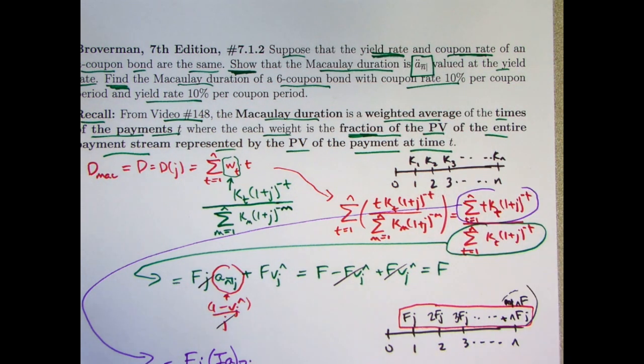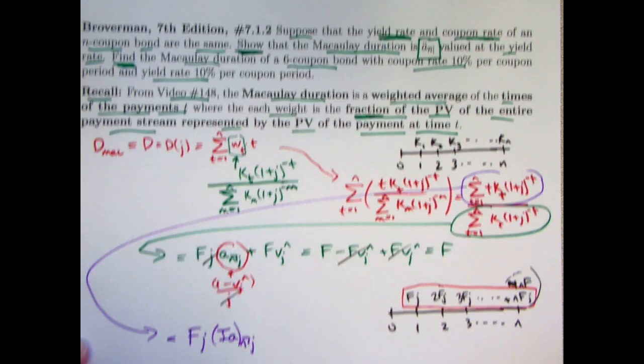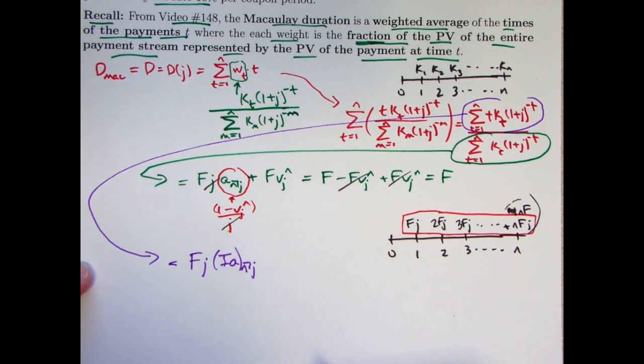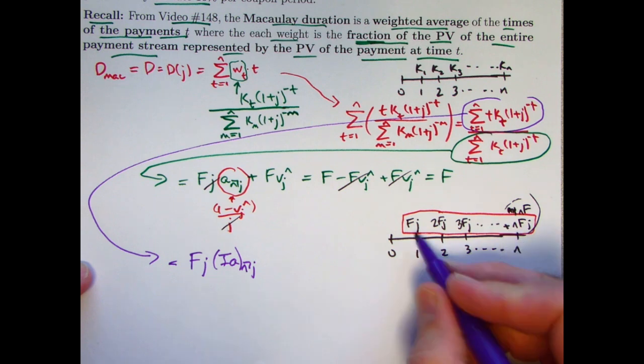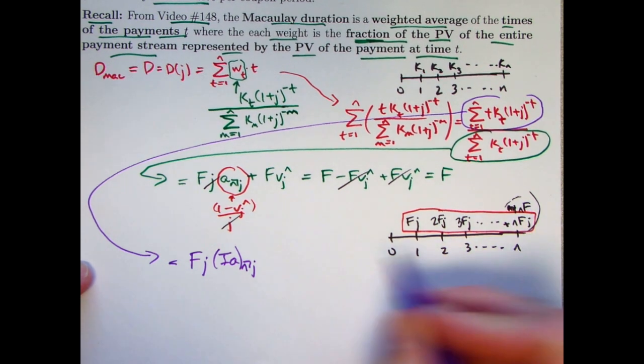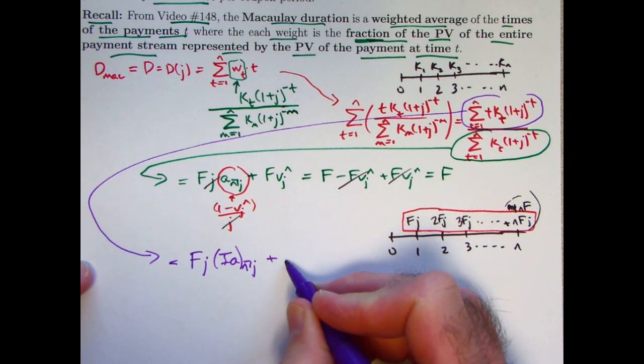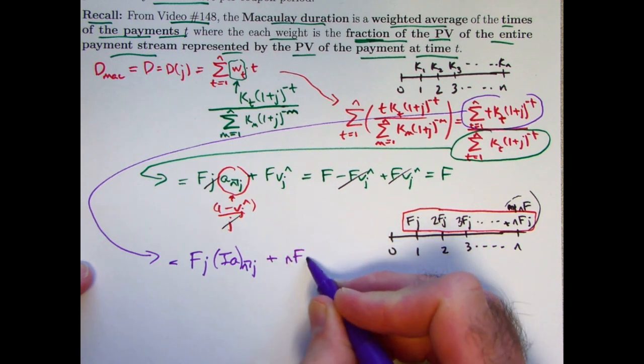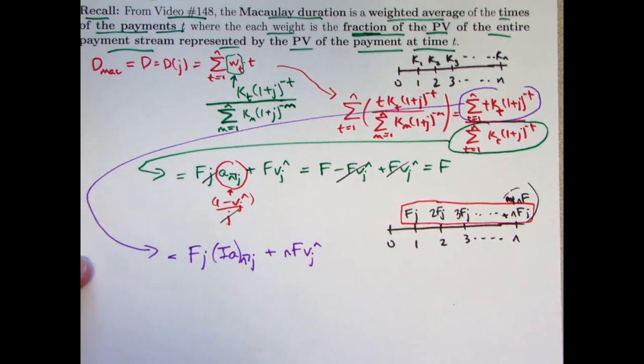If you didn't remember that, that's something to look up. I will write it down here in a second, but that's what you would get for this part that I circled in red here. Then you also have the present value of n times f. That'll be n times f times vj to the n.